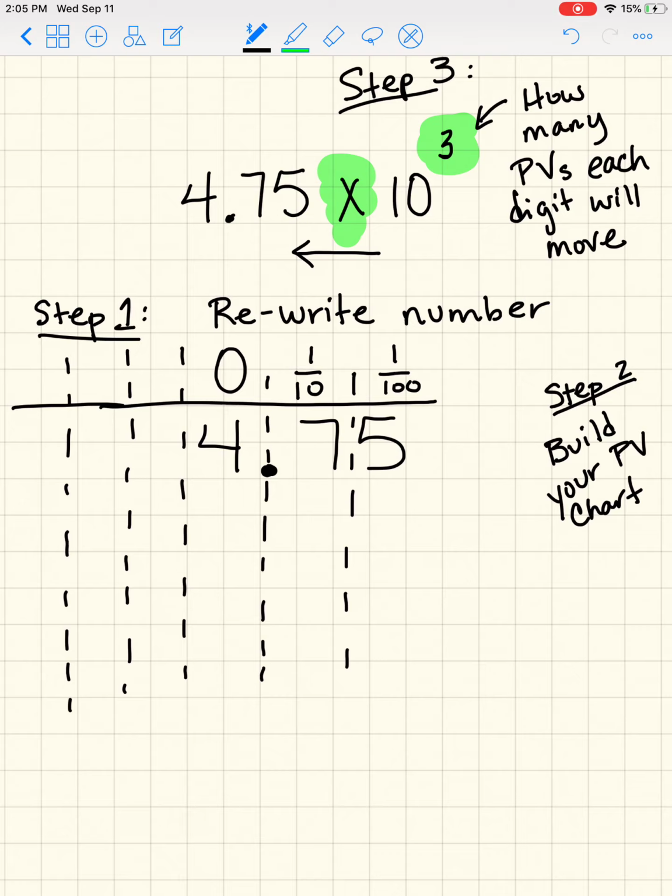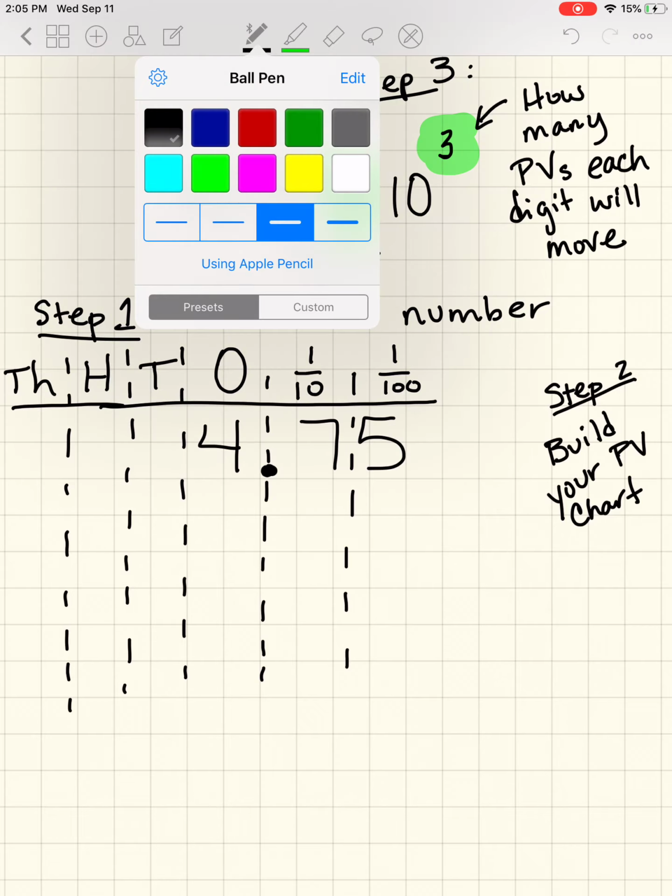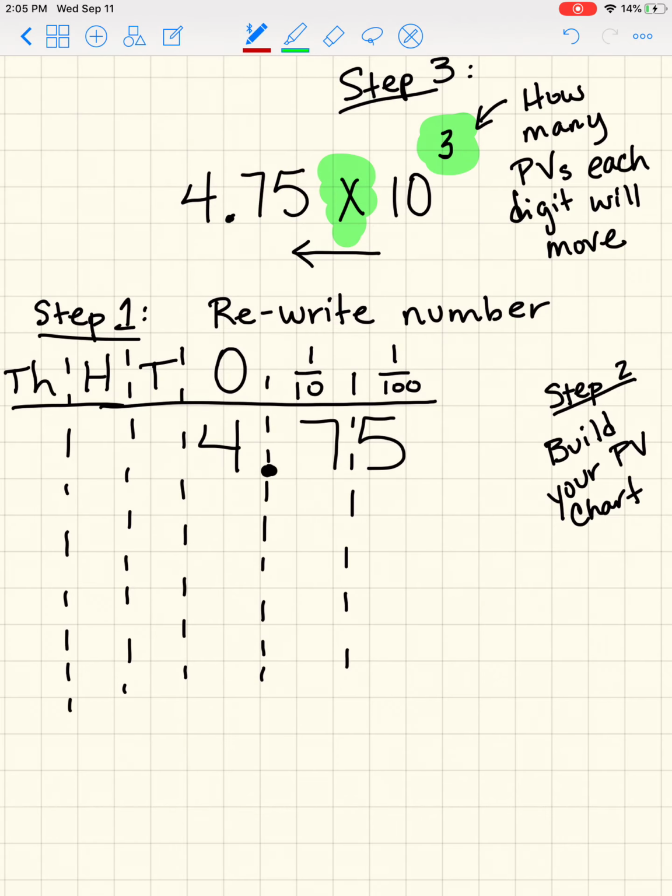So I've got to label tens, hundreds, and thousands. Now I'm going to change our colors here real quick. That was the 1, 2, 3 that matches my exponent 3 up here.